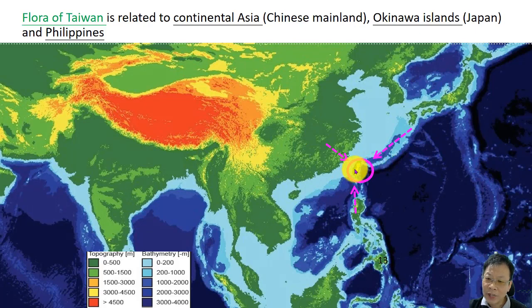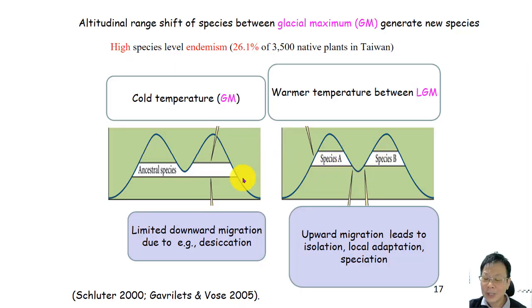It also has very high species richness, because, as I mentioned, during glaciation time the light blue color shows the land bridge that connected Japan and China to the Philippines, allowing species to migrate. That created Taiwan's very high species richness. Also, due to the high mountains, during the glacial maxima many species migrated to lower elevations because the mountaintops were too cold.